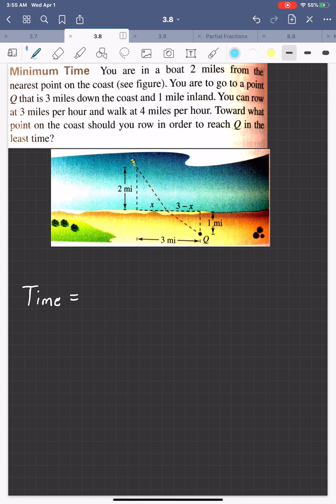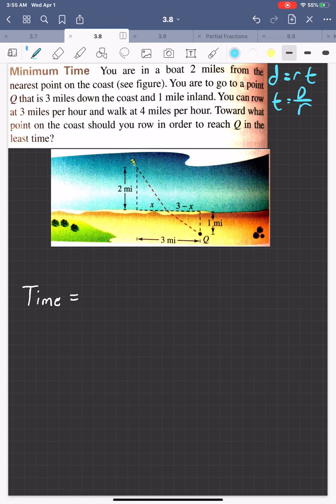What I meant to say: distance is equal to rate multiplied by time. Let me stop looking at my handout. Distance is equal to rate multiplied by time. Time is equal to distance divided by rate. Whatever I said prior to that, I'm not going to edit it. My stupidity will remain. Okay, time is equal to distance divided by rate.